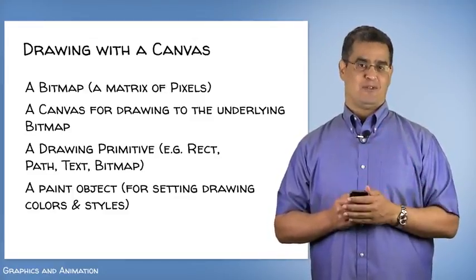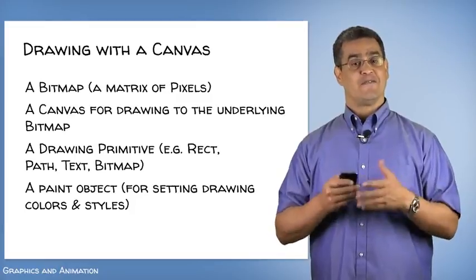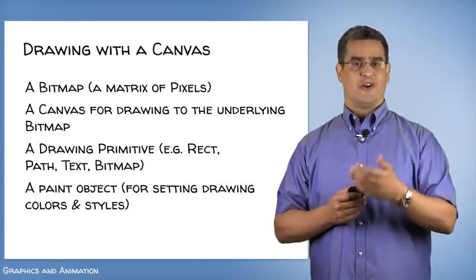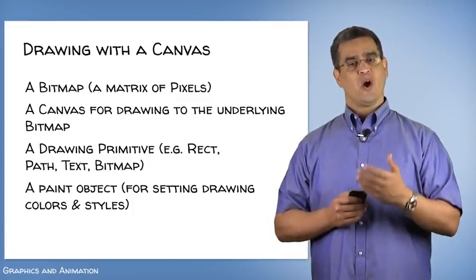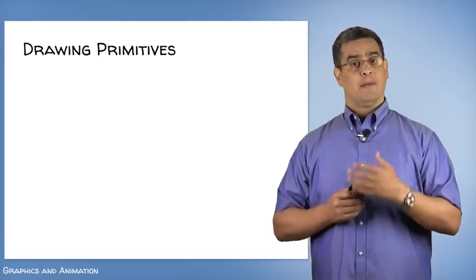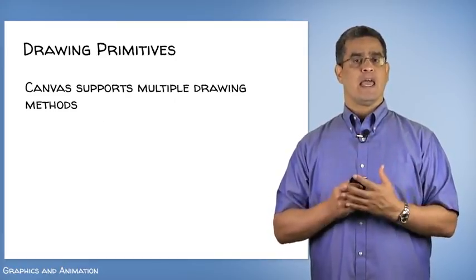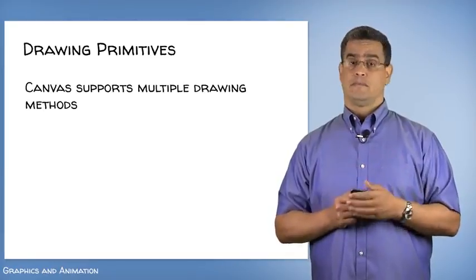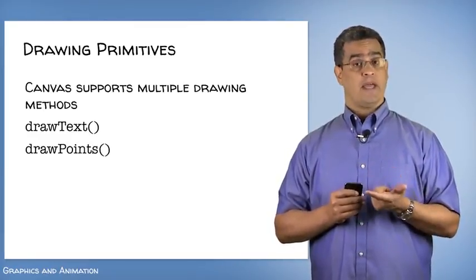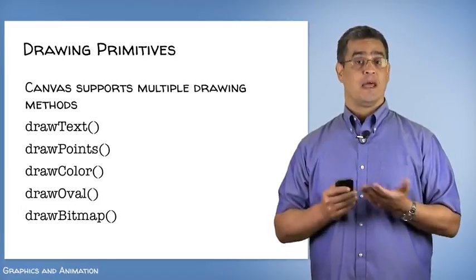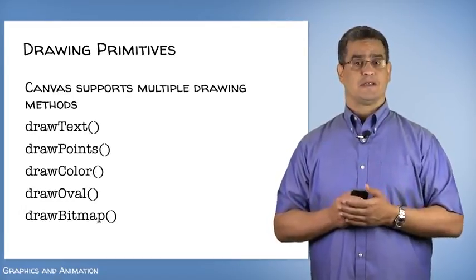And a paint object, which allows you to set various colors and styles for the draw operation you want to do. We'll go into more details about the Canvas class in just a bit, but canvases provide a variety of drawing methods. For example, you can draw text, points, colors, ovals, and bitmaps using these methods.